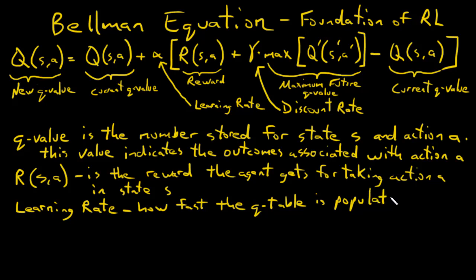Just like with the normal learning rate when we're talking about logistic regression or whatever, the learning rate is how fast you're going to try to converge to your answer. If you go too high, you may not get the proper response. Too low, it's going to take a long, long time. So we're going to stick with 0.1 just because that's the tried and true.